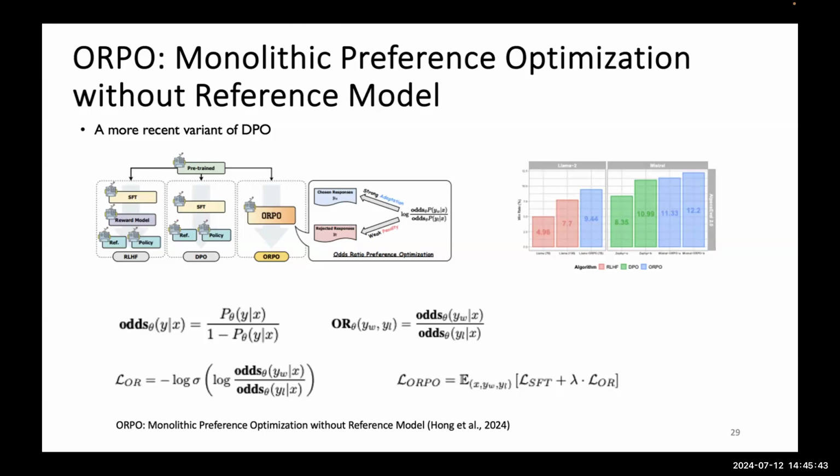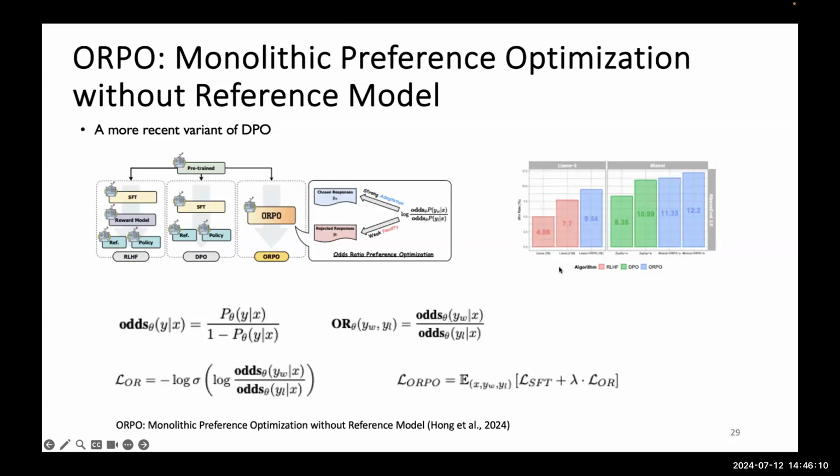Though theoretically nice, from a computational standpoint, keeping an instance of the reference model becomes a pain as the model size increases. Because all it does is provide you with a reference. Its parameters are not changing. So if there's a way to do the alignment without the reference model, that's welcome from a scalability standpoint, right?